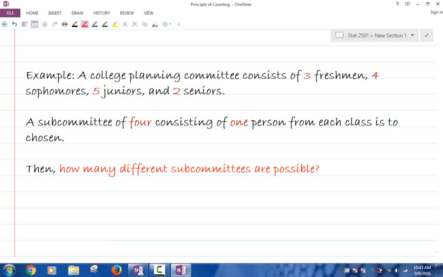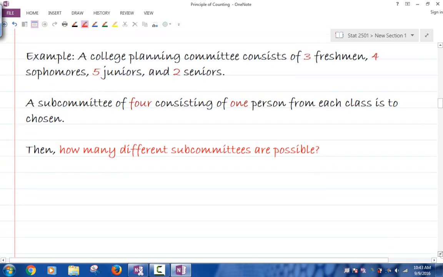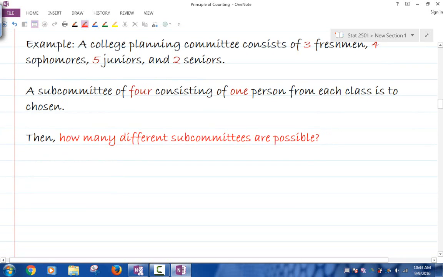The way you can think of it is the following. Remember, in order to make a subcommittee, you need a student from each class, right? So experiment 1 is pick a freshman.